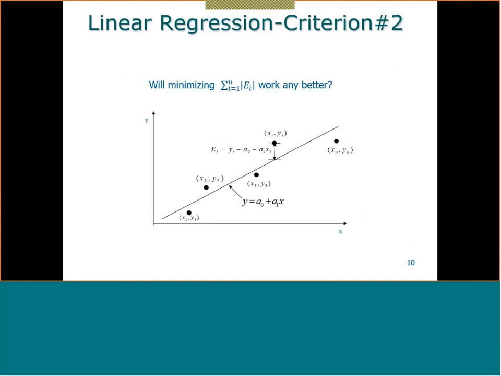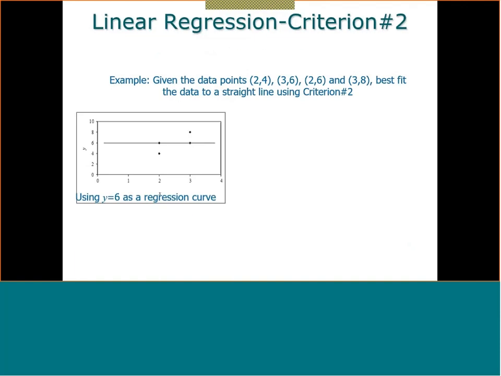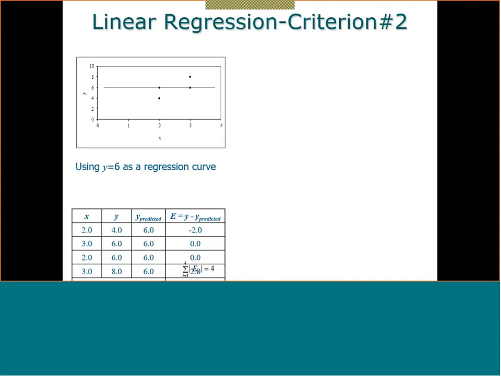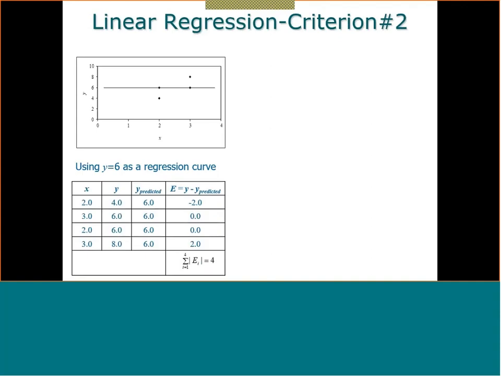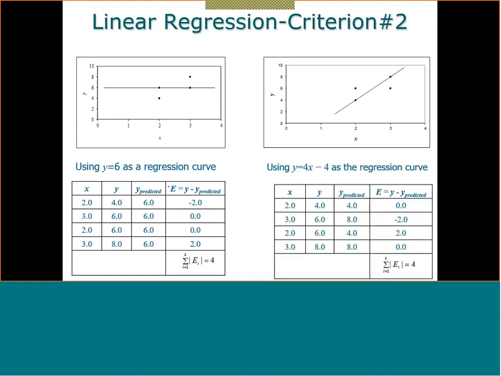Now, as your colleague suggested, let's see what happens if I use the absolute error. I will use the same points and the same curves, as a matter of fact. Now, instead of having -2 and 2, we will have 2 and 2. So the absolute error becomes equal to 4 here, and the absolute error is also equal to 4 here.